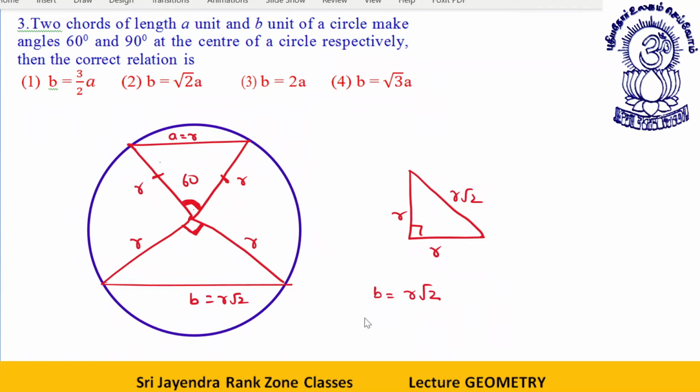What is the value of R? R is A. So B is equal to A root 2, or you can say B is equal to root 2 into A. This is your answer. Fine, my dear students. Let's take the next one. You can have a look over it. Should I move ahead?